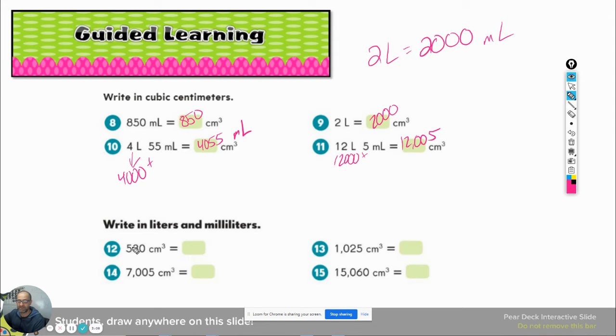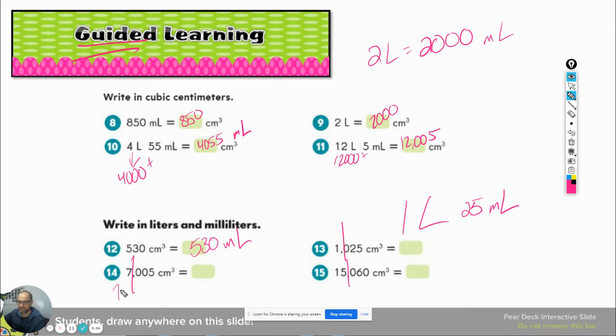Right in liters and milliliters, well, 530 centimeters is just going to be 530 milliliters. This guy here, there's your cutoff. Your comma is your cutoff every time because that's your 1,000. You have 1,000 centimeters or 1 liter, and then 25 cubic centimeters, or also known as milliliters. Okay, I'm guiding you because this is guided learning.